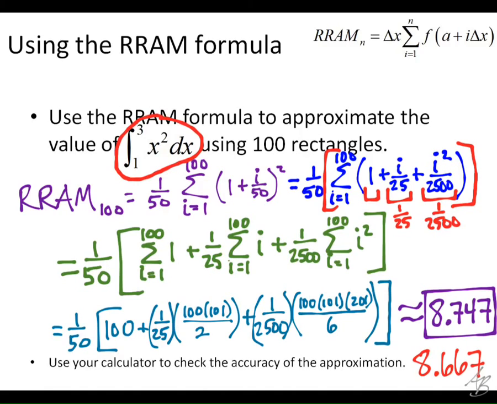How many? 10,000. Okay. You could say 10,000 or a million or 10 billion or a googol, or you could just say that we're going to let the number of rectangles approach infinity or increase without bound.